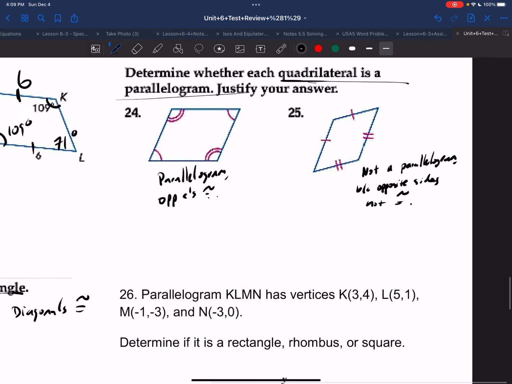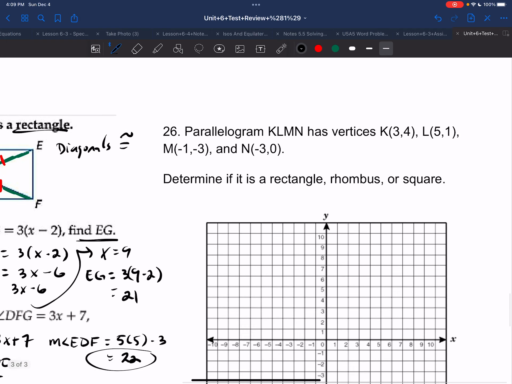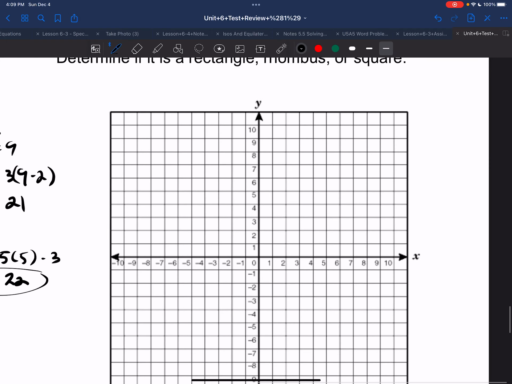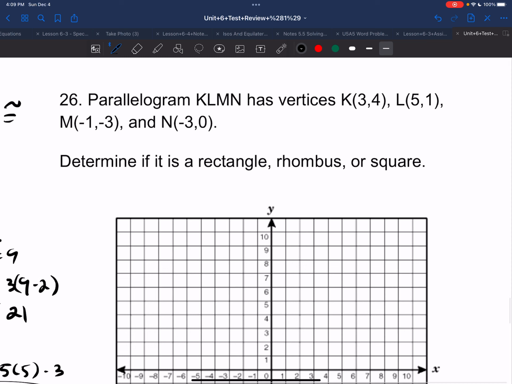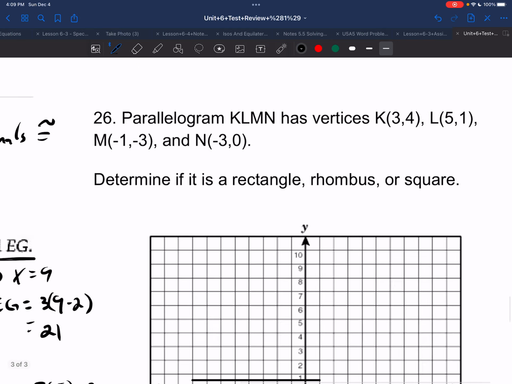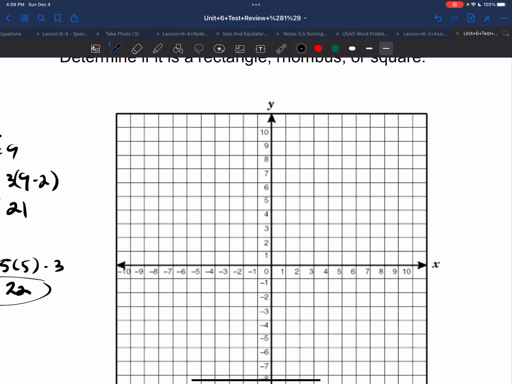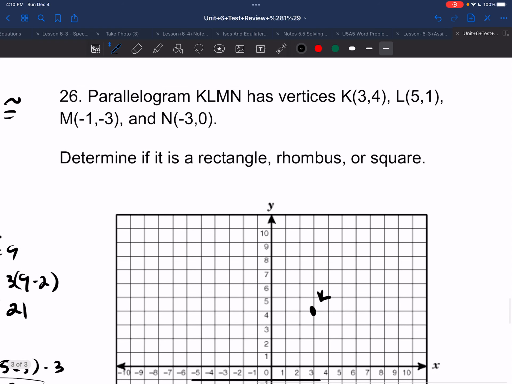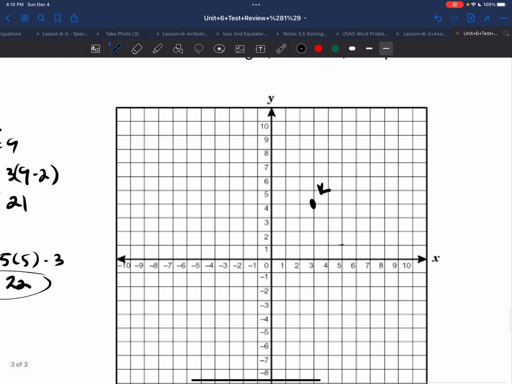All right, so it looks like we are here. This is the last problem, so let's go ahead and plot the points to make it look like a parallelogram. It has the vertices 3, 4, so 3, 4 is right here. So that's K. And then, what else? L is 5, 1.